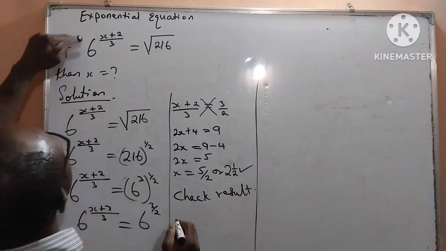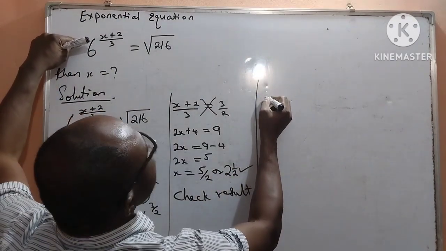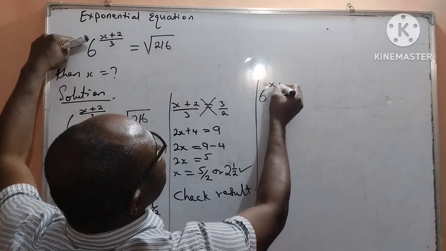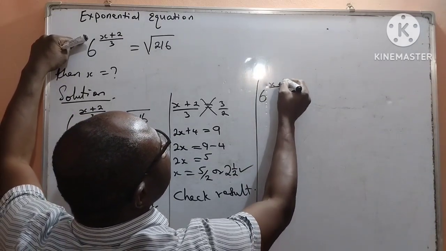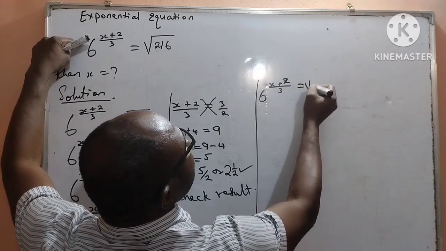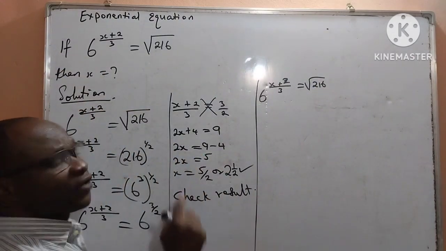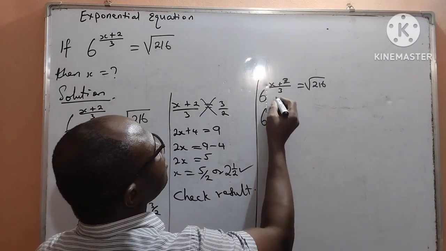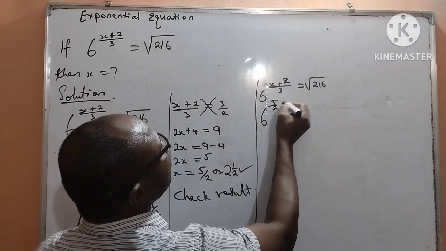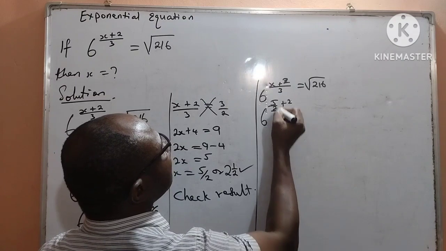On check result, I want to check for 6 raised to power (x plus 2) over 3, equal to the square root of 216. X now will be 5 over 2. Therefore, 6 raised to power (5 over 2 plus 2), everything divided by 3.